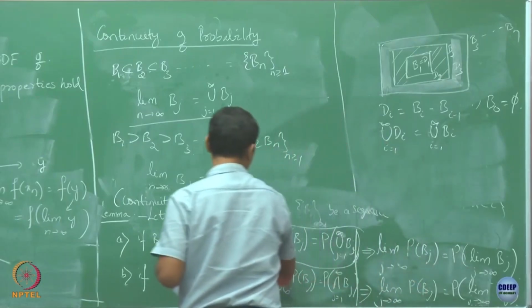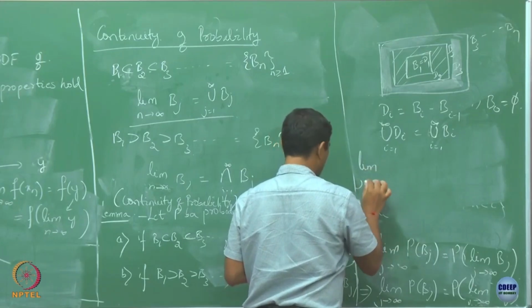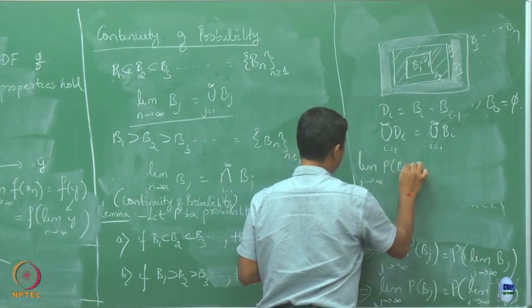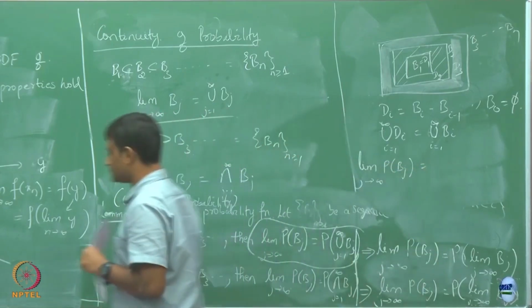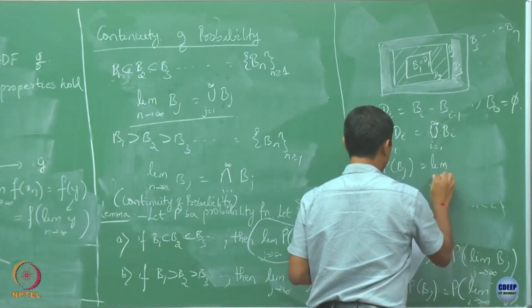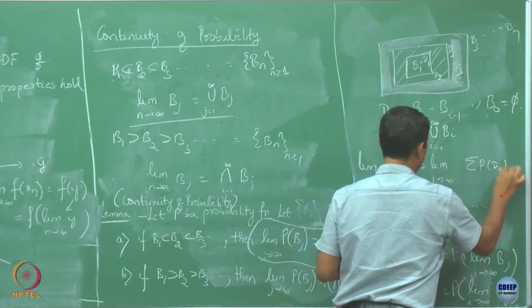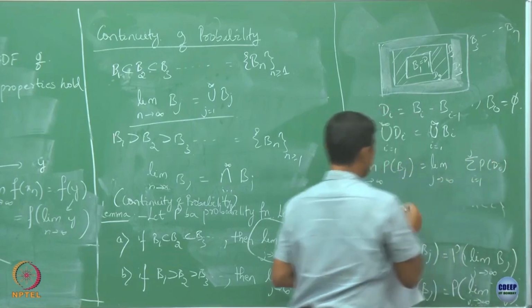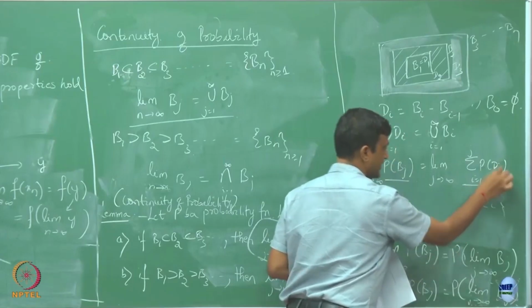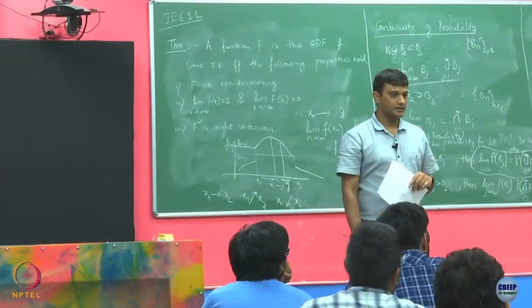What I want to show is this, right? Let me take this limit as j tends to infinity of P of Bj. I am now going to write it as P of Bj equals P of union of Di, i equals 1 to j. Is it correct that probability of Bj is nothing but the sum of P of Di from i equals 1 to j, right?